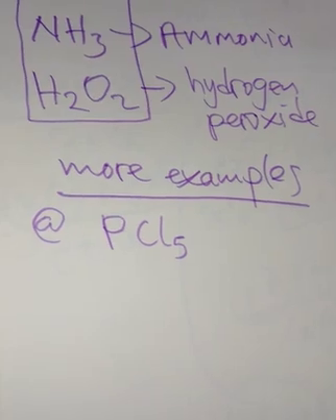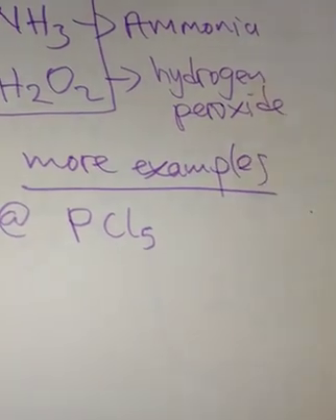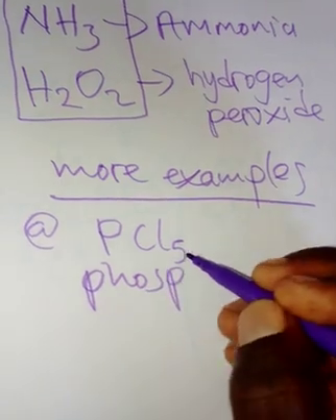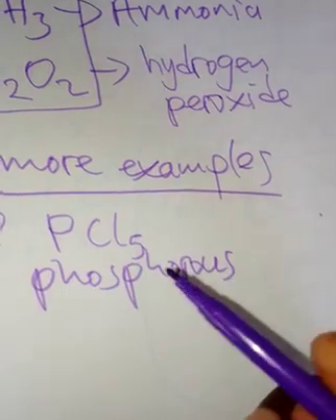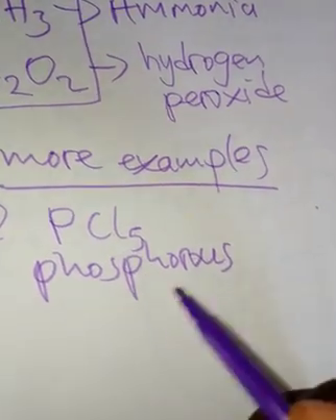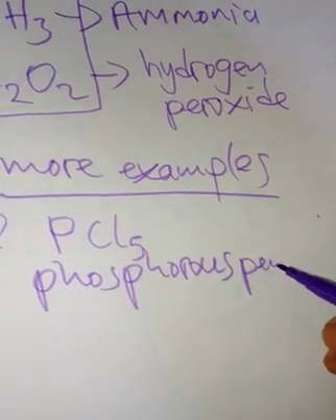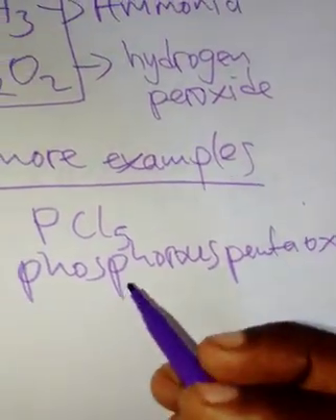Then one atom of P, phosphorus. Remember, for the first element, you don't use mono, so you simply write phosphorus. Then Cl5, this is chlorine, penta. So it's phosphorus, penta, oxide. Is it pentoxide? No.